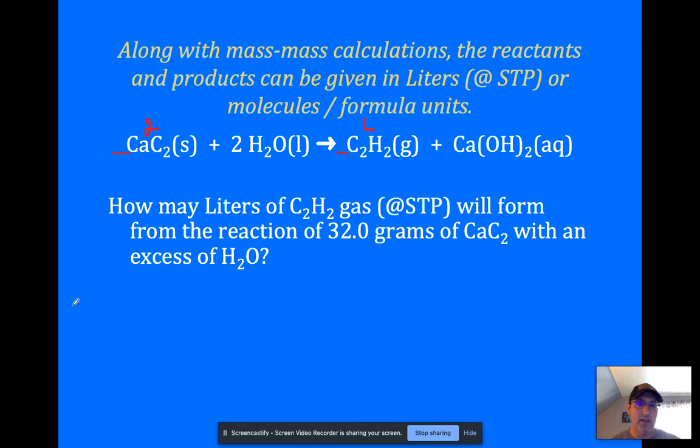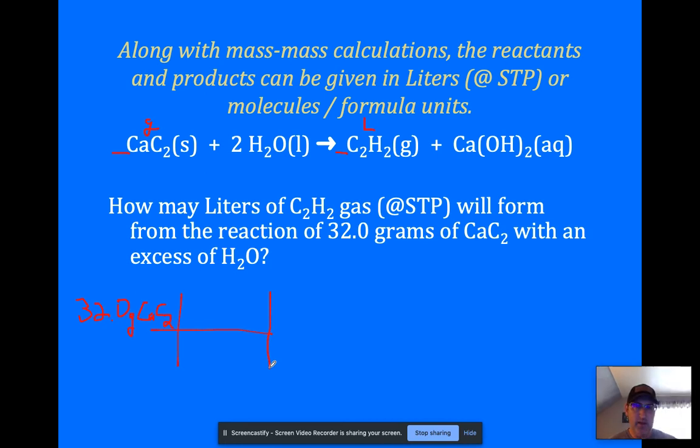Let's go down here and start with what we're given. All of these are still going to be 3 steps. We have 32 grams of CaC2, and we want to convert that to moles. Grams to moles, we use the periodic table.